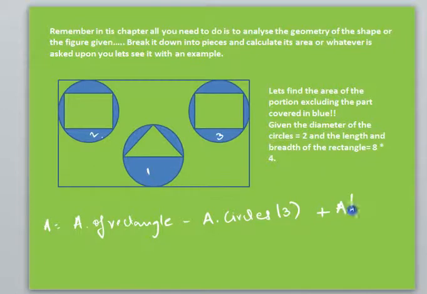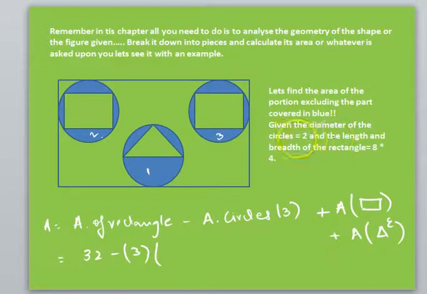So the area of the bigger rectangle is very simple as my dimensions are given as 8 into 4, which is equal to 32, minus 3 times the area of the circle.